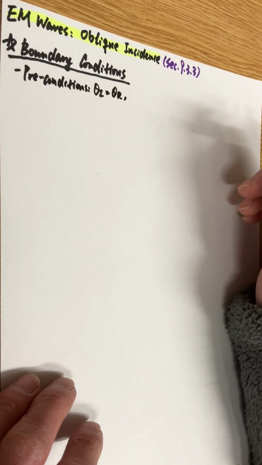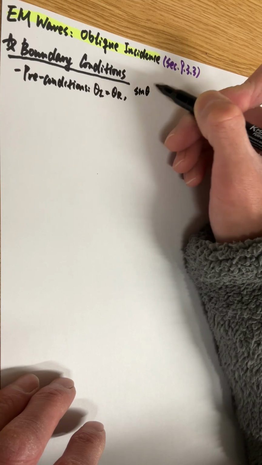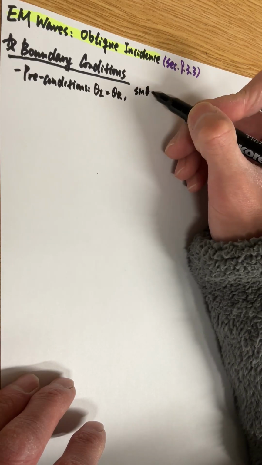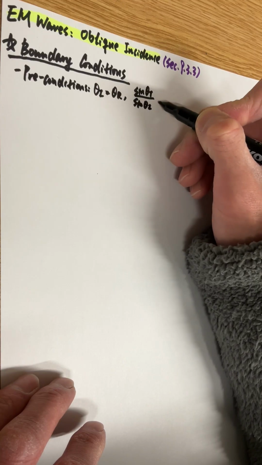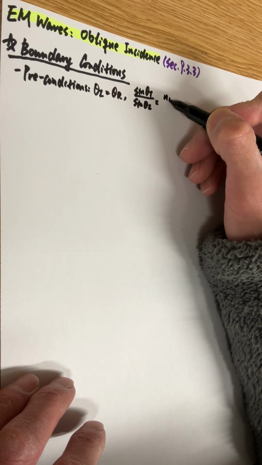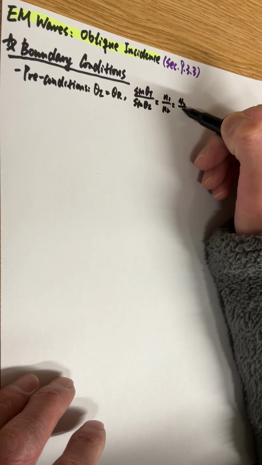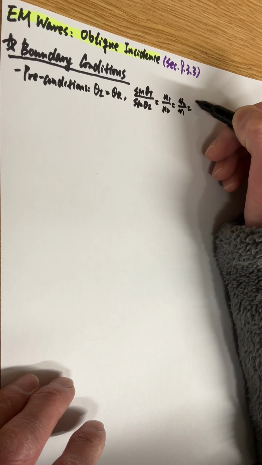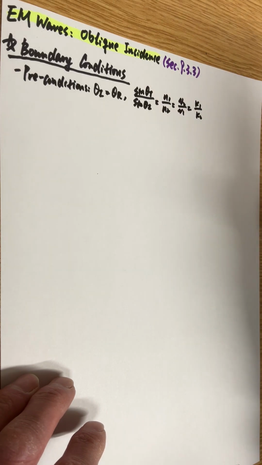And then the third law, the law of refraction, tells us that sine theta t divided by sine theta I equals n1 divided by n2, which equals v2 divided by v1, which equals kappa 1 divided by kappa 2.